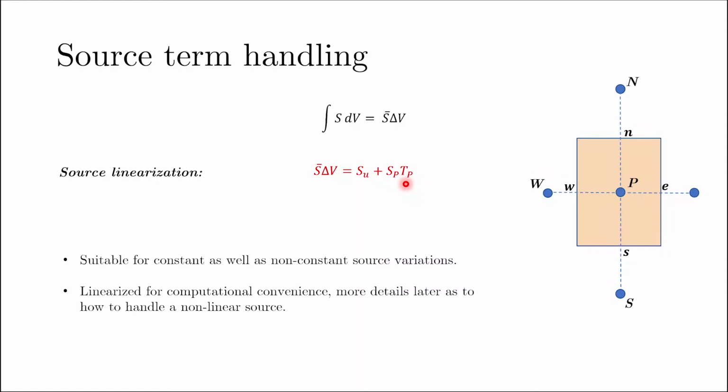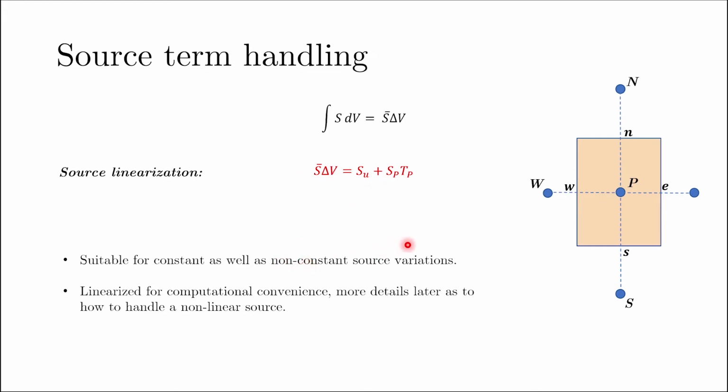But for now, you can take it for ease of implementation, because keeping linear terms in the system is much easier to deal with as compared to non-linear terms. As you can see, this kind of linearization is suitable for both constant as well as non-constant sources. If you have a constant heat source, then you have some non-zero value of SU and your SP would simply be 0.